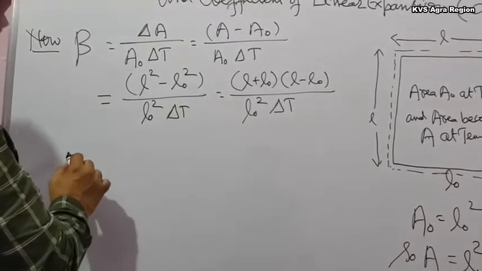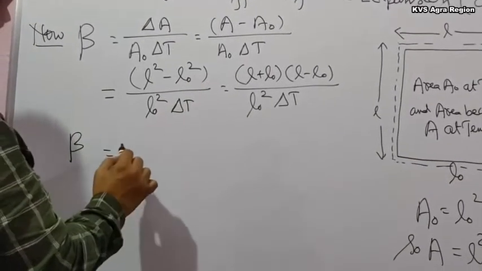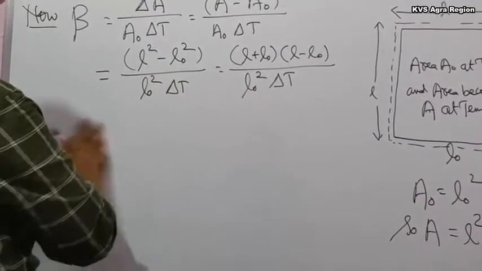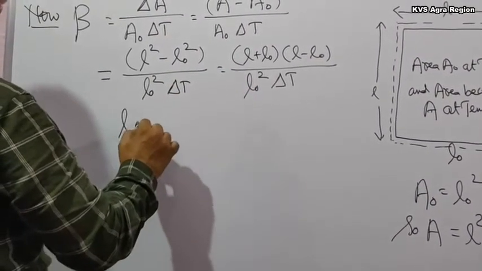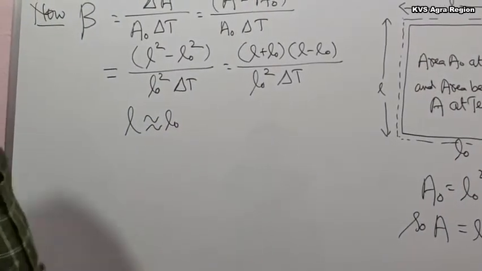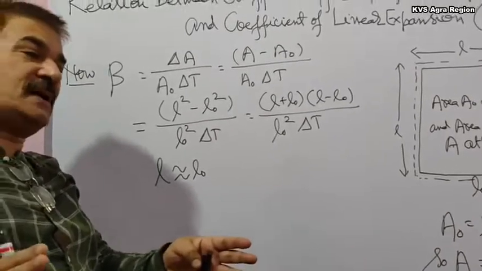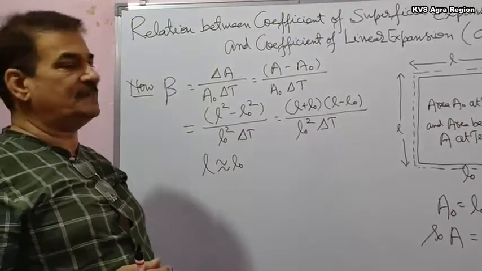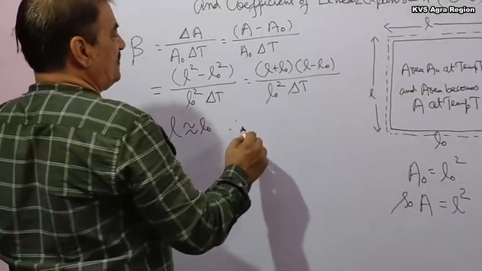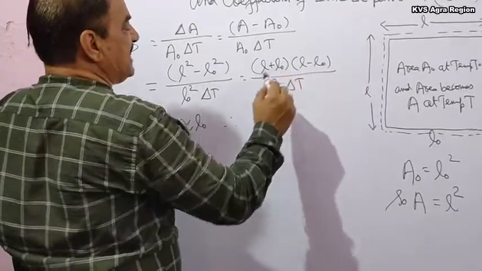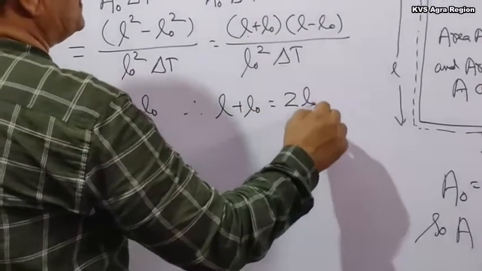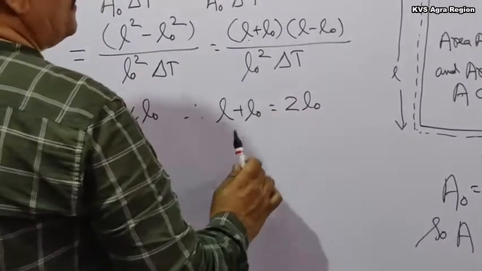So beta is equivalent to, now again L is nearly equivalent to L naught, because there is not very considerable change in the length. So L is nearly equivalent to L naught, therefore this L plus L naught can be considered as 2L naught.